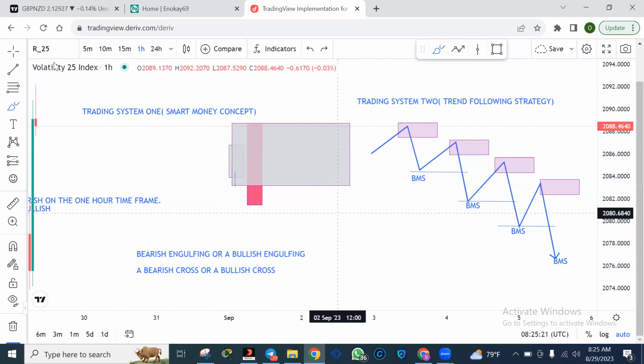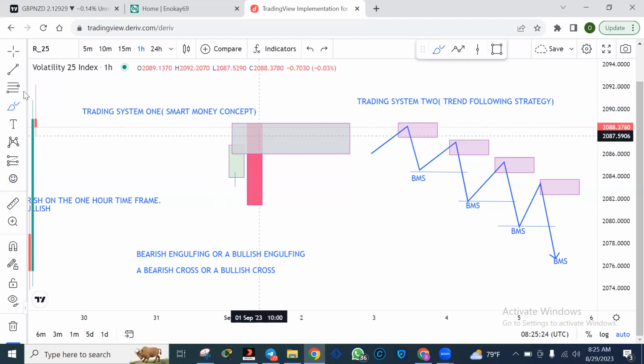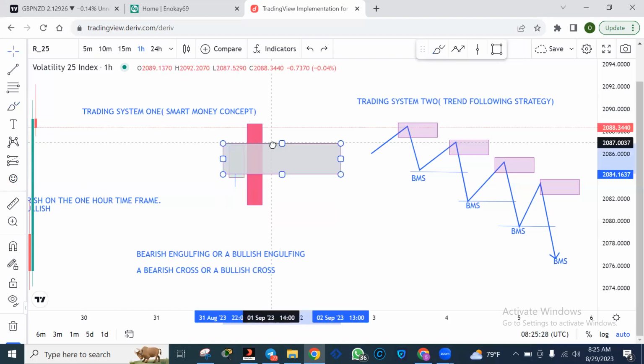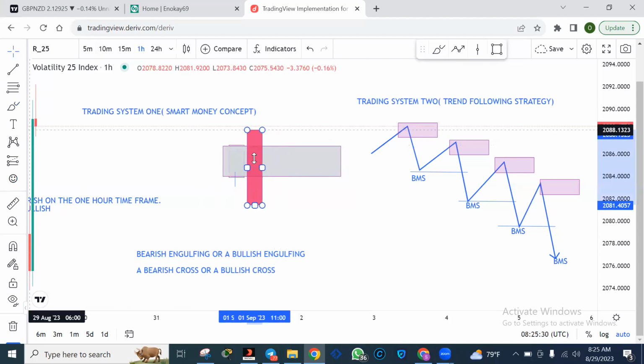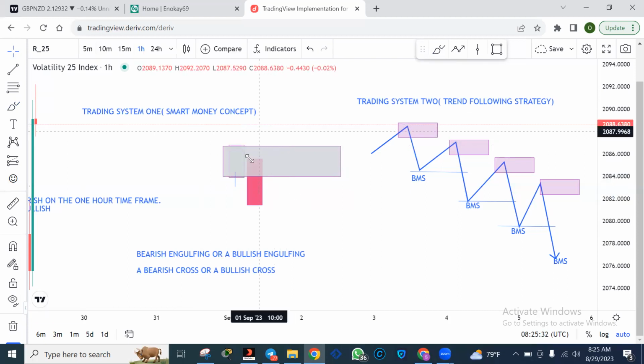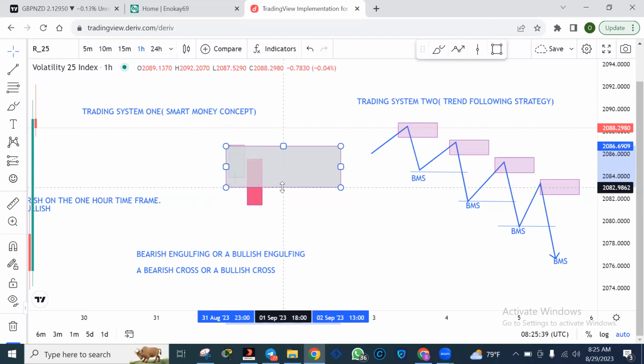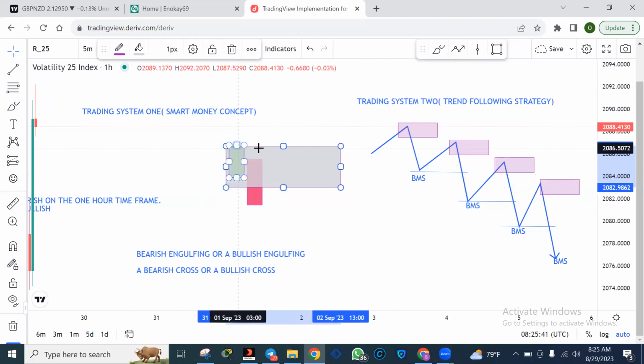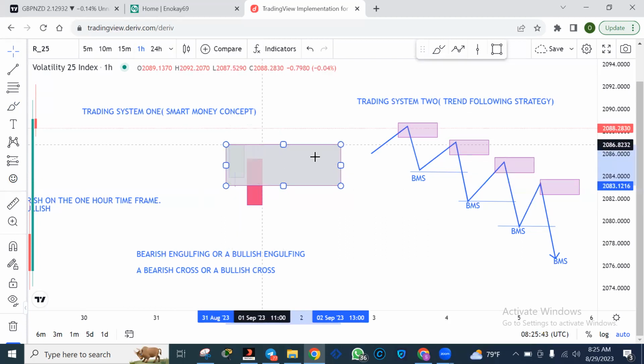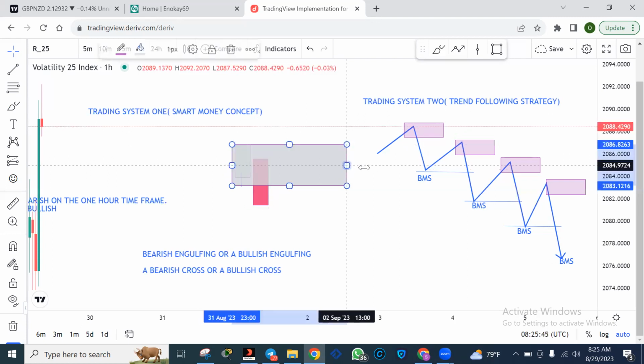In situations whereby the engulfing candle is below, even if it's still an engulfing candle, you mark the previous candle down to the wick of the previous candle, and then of course you extend. Okay, this is how you mark.